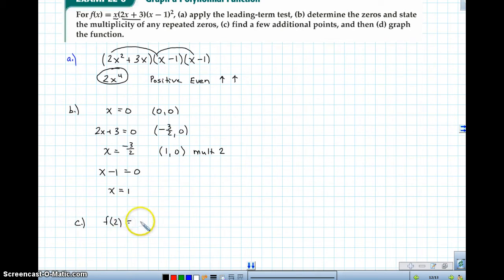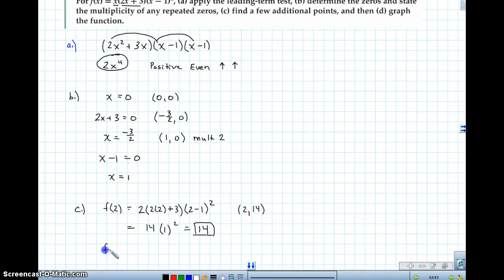That's going to be 2 times 2 plus 3 times 2 minus 1 squared. And so it's not too bad. It's going to be 7 times 2 is 14. This is going to be 1 squared. So we get 14. Make sure you follow order of operations. So we have another coordinate at 2, 14.